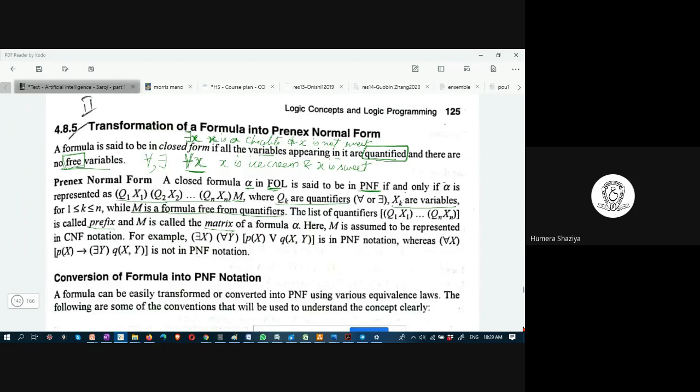As said, there are two parts. The first part belongs to the quantified variables and the second one belongs to the formula. The first part, which is a list of quantifiers, is called the prefix, and the second one, which is a formula, is known as the matrix of the formula.